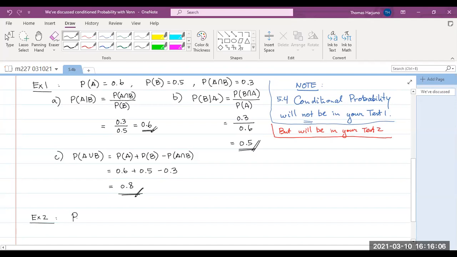Okay, the probability that a legislation passes the House or the Senate is 0.89.